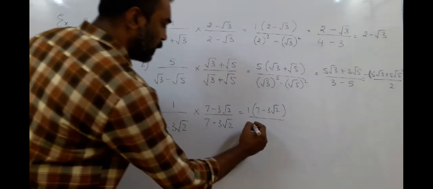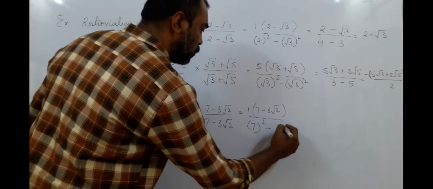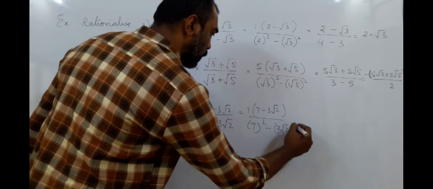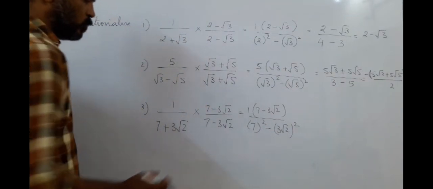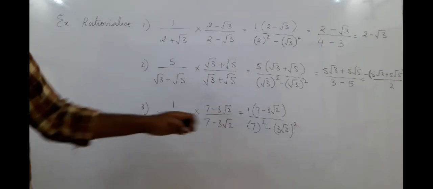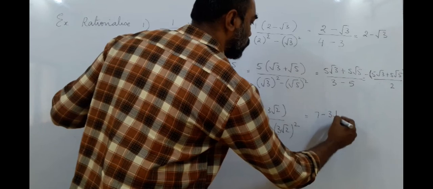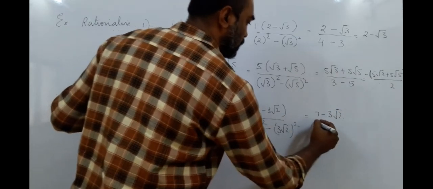What is this? A square, 7 square minus 3 root 2 the whole square. That is b square, because b is 3 root 2. B is not root 2, b is 3 root 2. So 3 root 2 the whole square. Now 1 into that gives us 7 minus 3 root 2, because 1 into anything is the same.